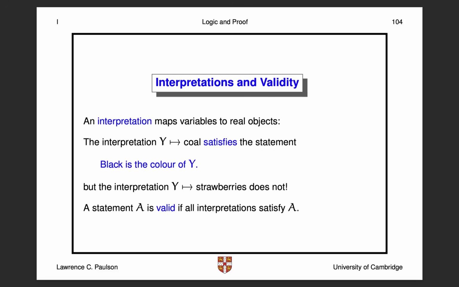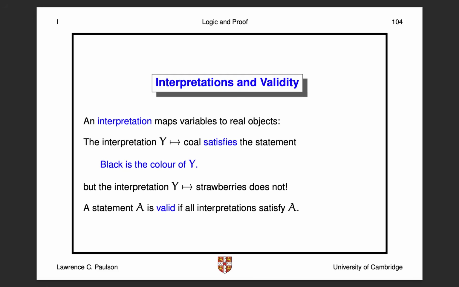So here, if I map Y to coal, where coal is presumably some built-in thing, so that we already know the meaning of coal, then this is simply the syntactic transformation, if you like, that Y should be replaced by coal. And if we do this, then "black is the color of Y" becomes true. If, on the other hand, we replace Y by strawberries, then we are making that statement false, unless they are truly inferior strawberries.